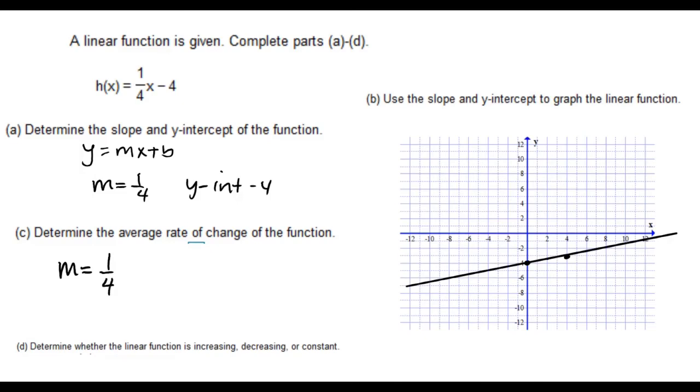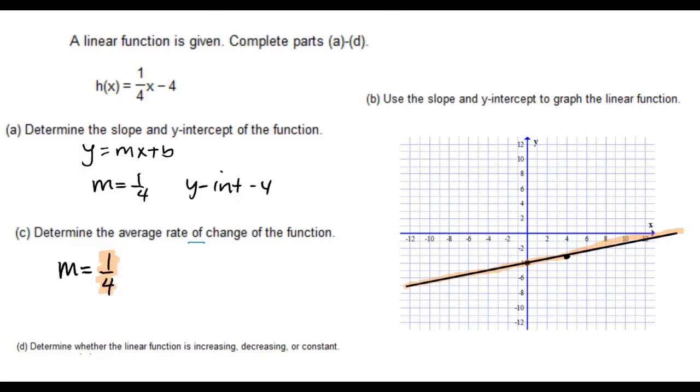Then it says to determine whether the linear function is increasing, decreasing, or constant. If we look at this graph, if we trace it from left to right, the y values are increasing. But we can also tell that this function is increasing based on the value of the slope.